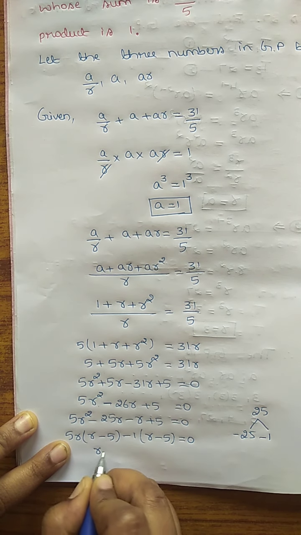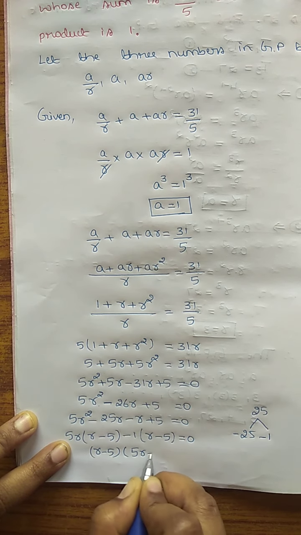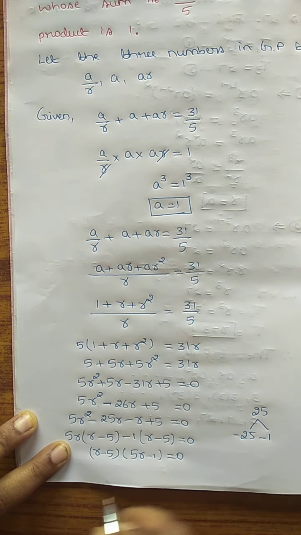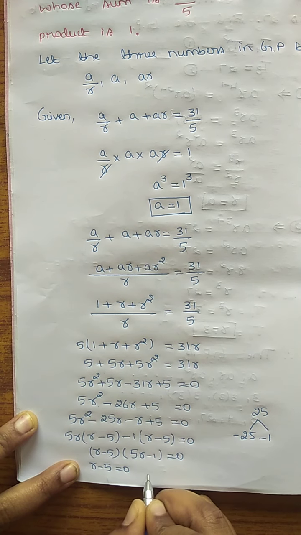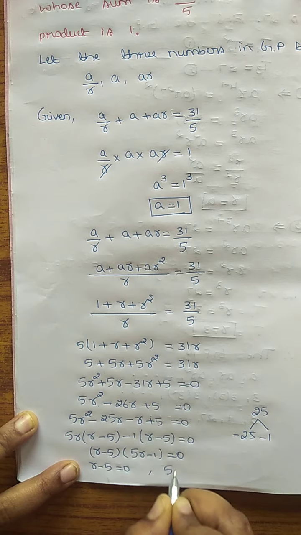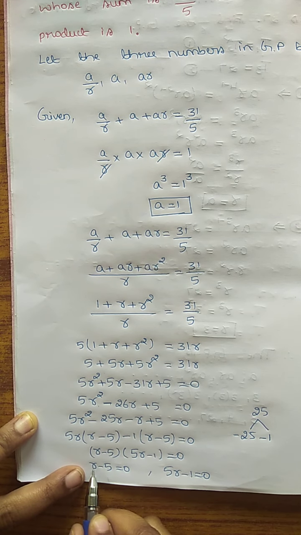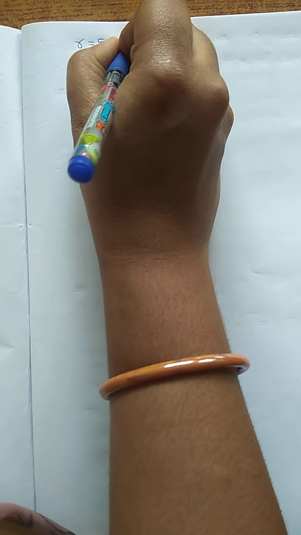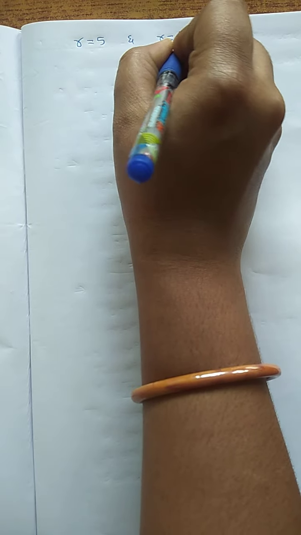Now R minus 5 is common, and the remaining terms are 5R minus 1 equals 0. Therefore R minus 5 equals 0 and 5R minus 1 equals 0. Therefore R equals 5 and R equals 1 by 5.